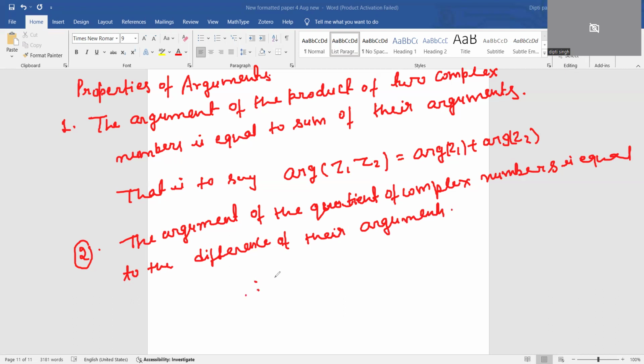It means argument of Z1 upon Z2 will be argument of Z1 minus argument of Z2.